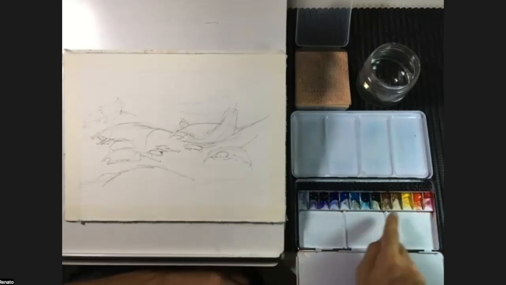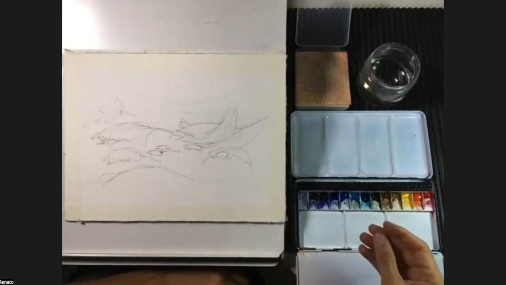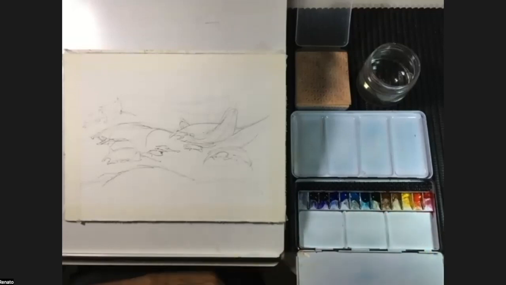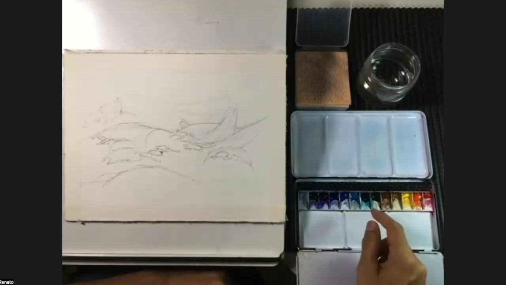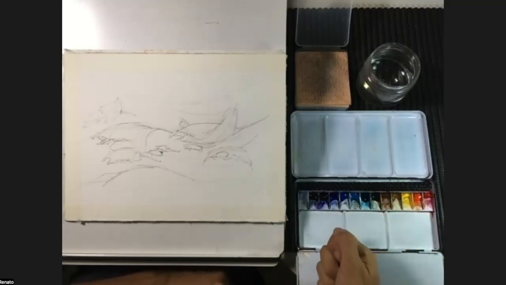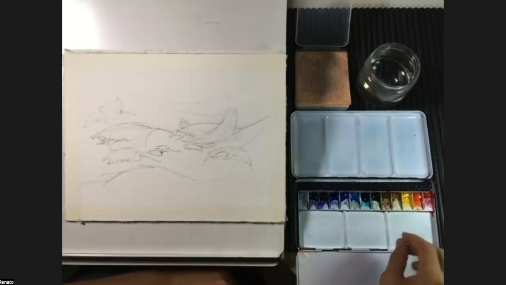And then I like to always use them with this creamy consistency. I put just a small amount of paint here, because I am always putting fresh paint to keep this paint density. Okay, I don't like to use paints that are dry in my palette.